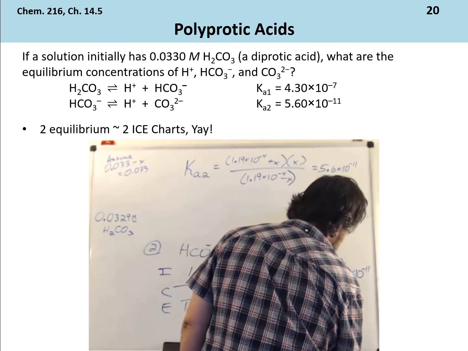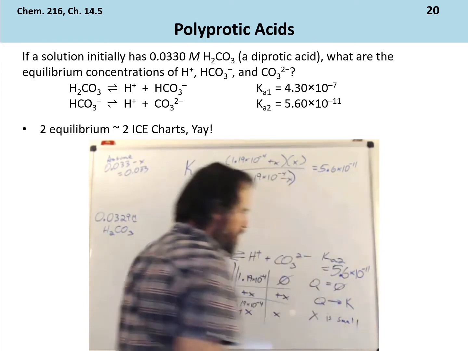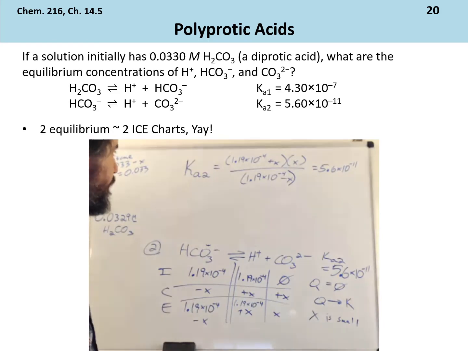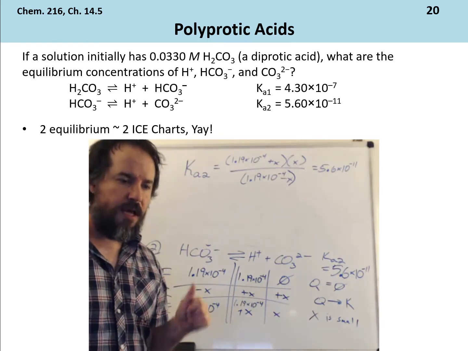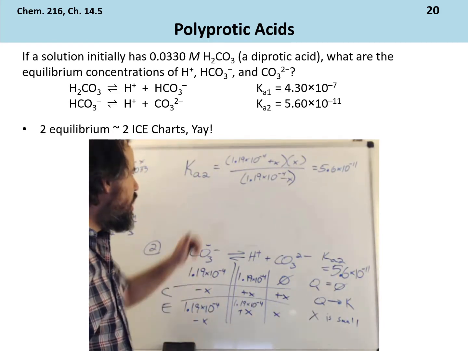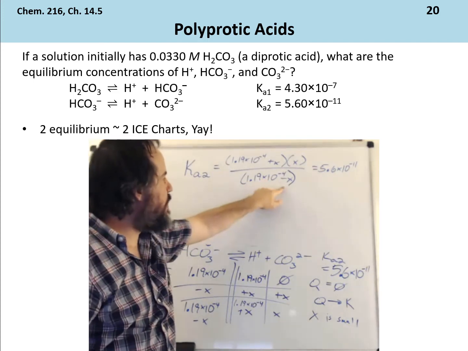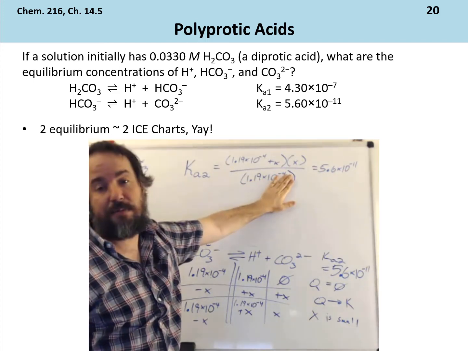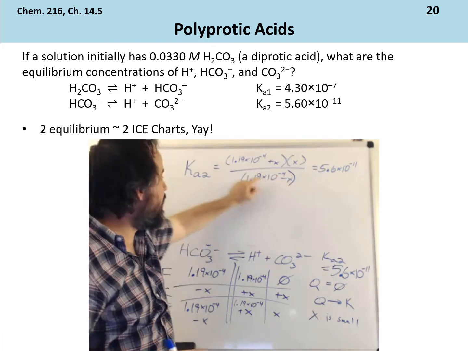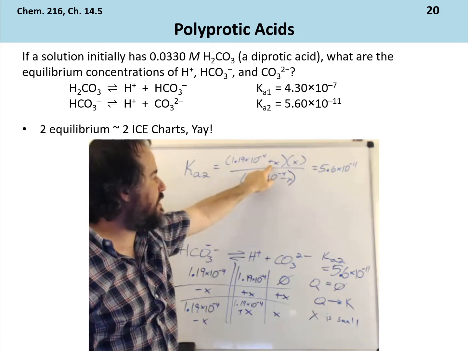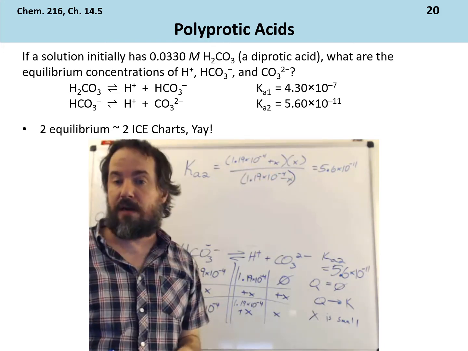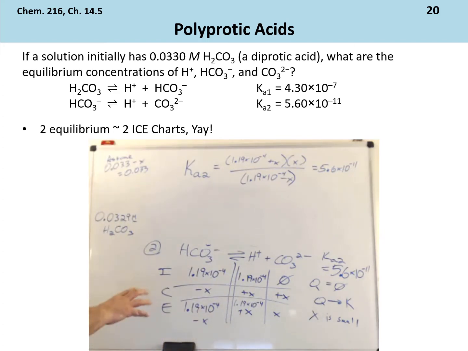x is small, okay? They're both smaller than 0.01. So if x is small, I'm going to assume that this minus x is just the same as this number. But I'm also going to say that this plus x is also just equal to this number. Why?